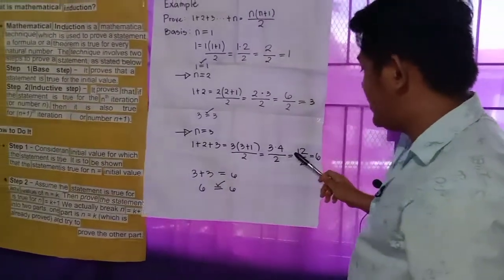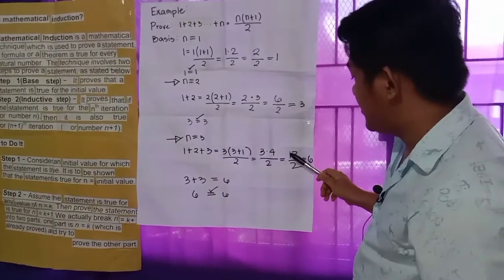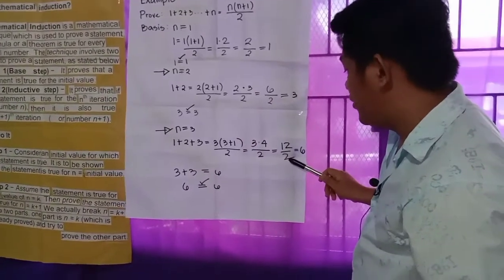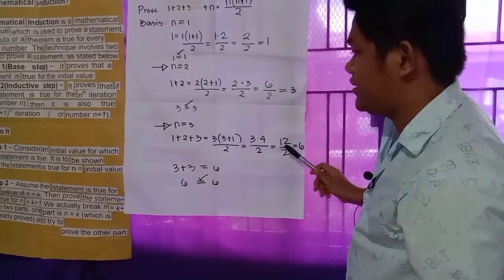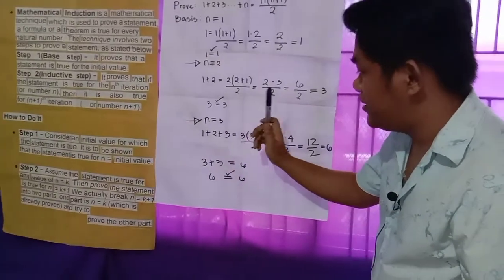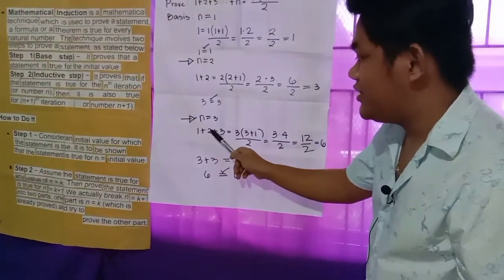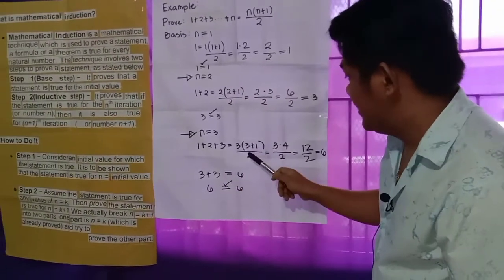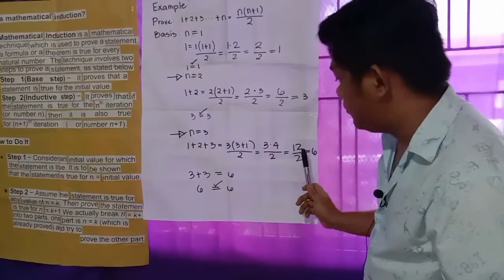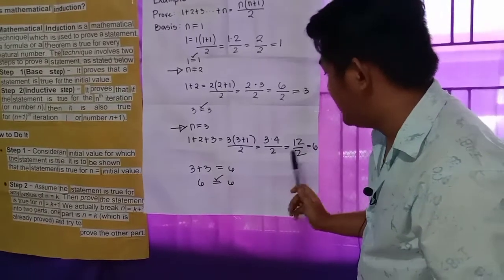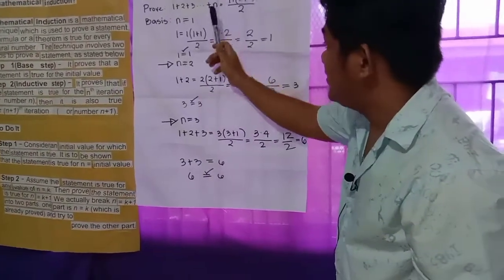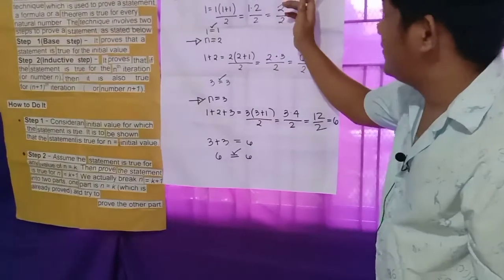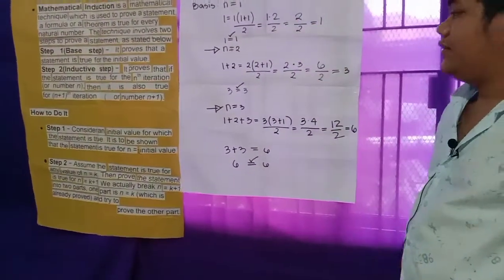So, equals 3 times 4 equals 12, divided by 2, so equals 6. So, you need to add these 3 terms. So, 1 plus 2 equals 3. Copy the 3. 3 plus 3, 6. So we proved that the answer is 6, which is, the base is equal to this term.